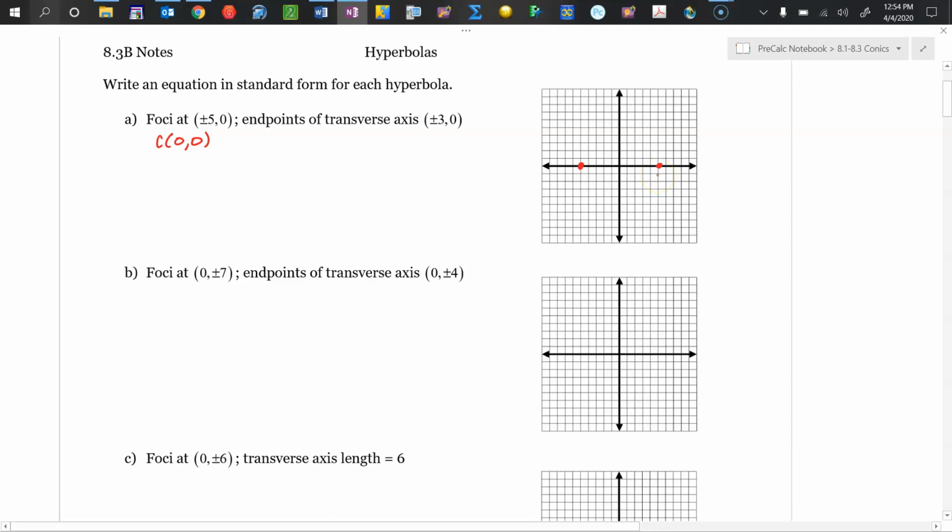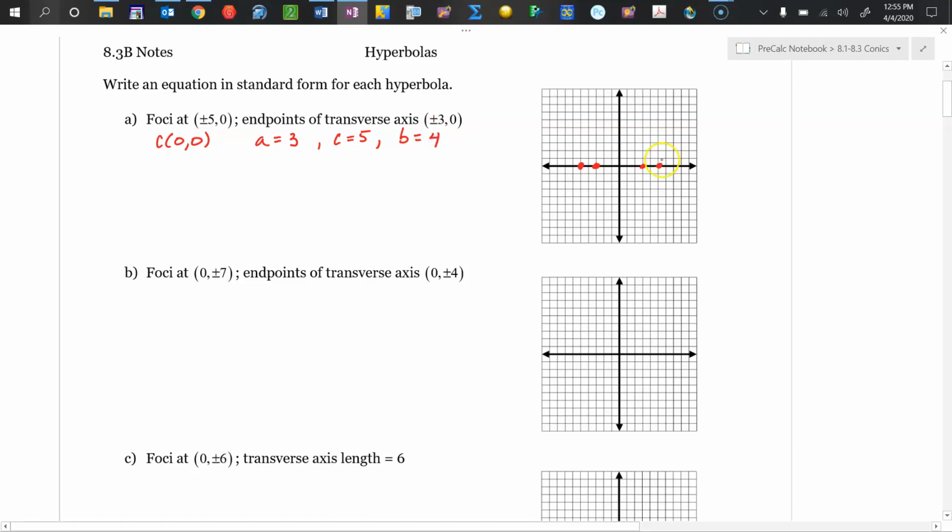The endpoints of the transverse axis are plus or minus 3, so we know that A is equal to 3 because that's the distance from the center to the endpoints of the transverse axis. And we already know that C is 5, so we can figure out B because A squared plus B squared is equal to C squared, so B is equal to 4.